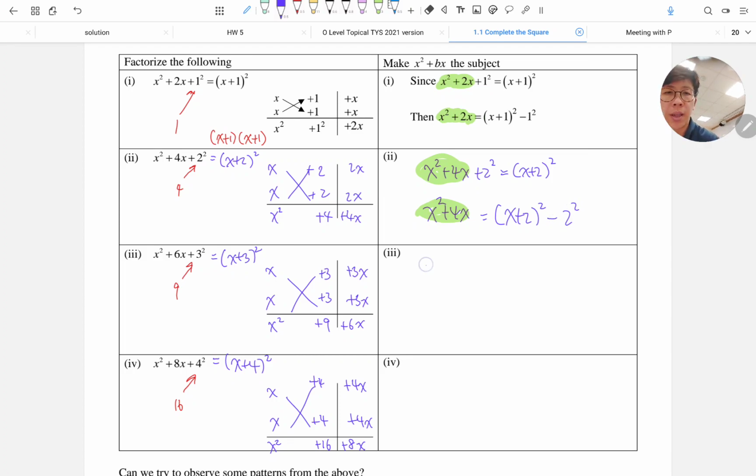Let's do the third one. x squared plus 6x plus 3 squared. We know that it is x plus 3 whole thing squared. And same goes to make x squared plus 6x the subject, this part the subject, I must balance the 3 square to the other side of the equation. So x plus 3 whole thing square minus 3 square.